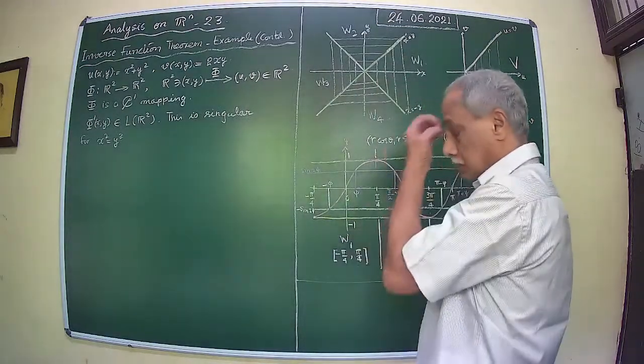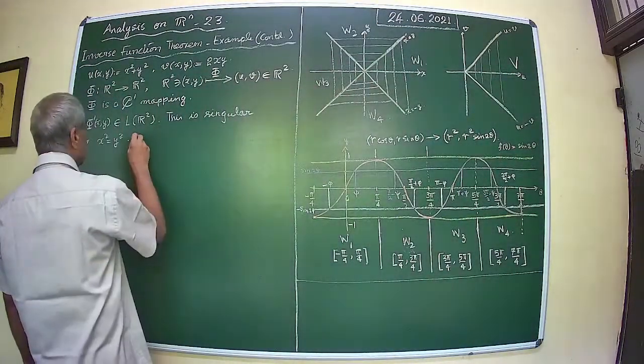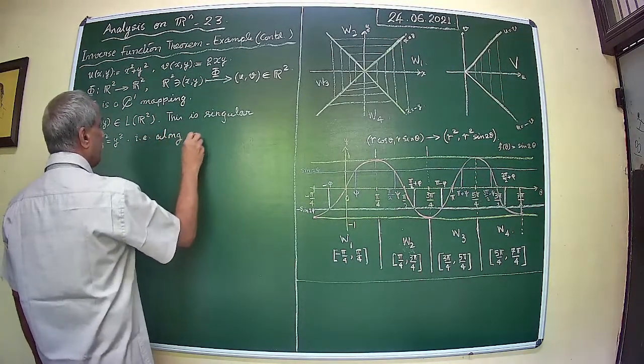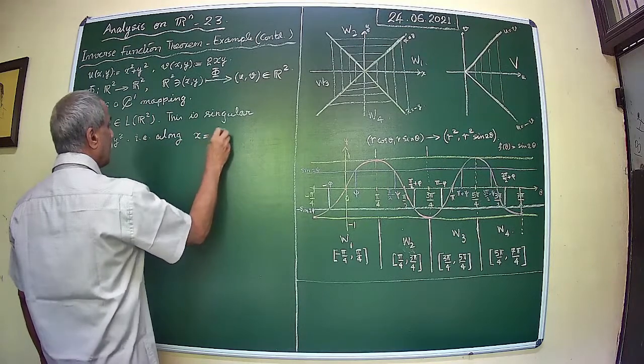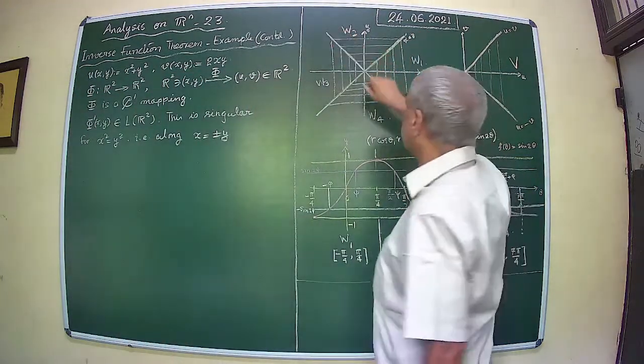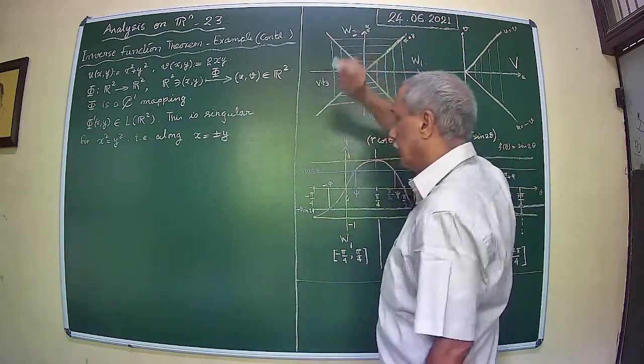Okay. So that is along x equal to plus or minus y. That means along these lines, this is x equal to plus y and this is x equal to minus y. This is singular.